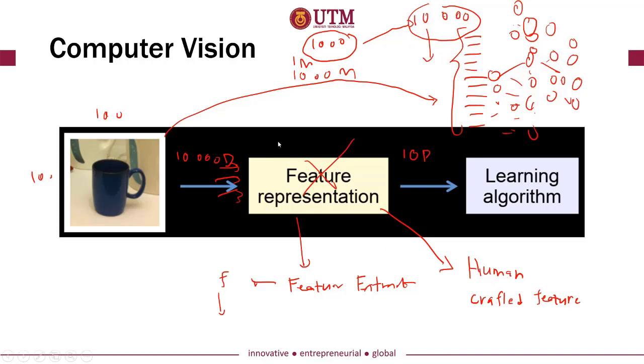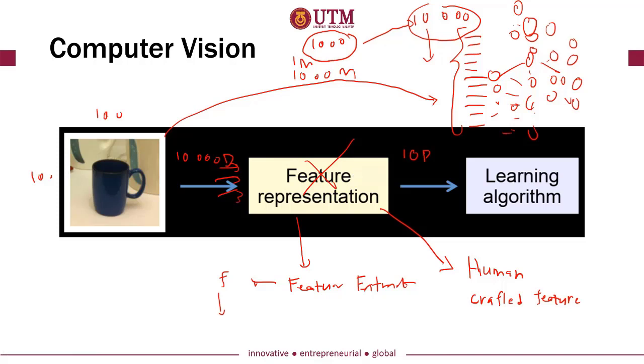This feature extraction before deep learning was introduced has a long history. We tried to find the best formula just to beat each other in the research world, a formula that provides good features, and this is engineered by humans. So that's why they use the term human crafted features.